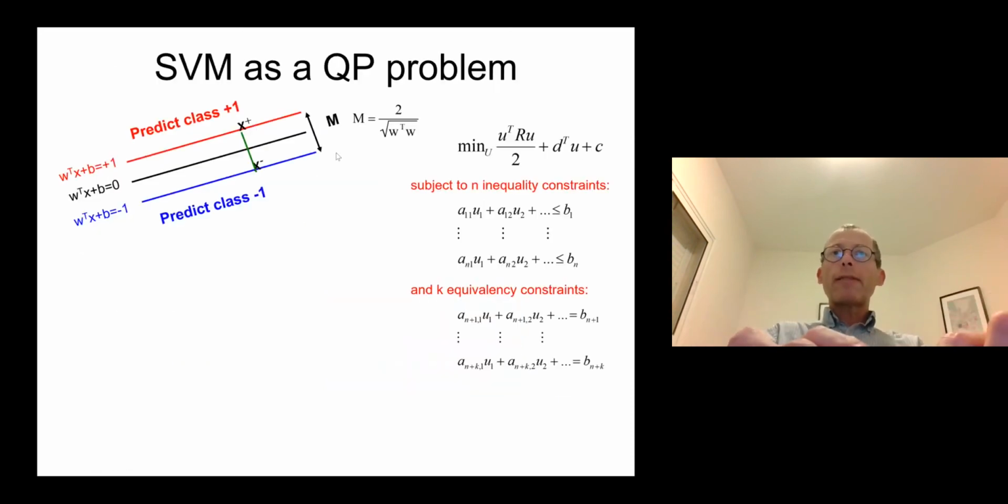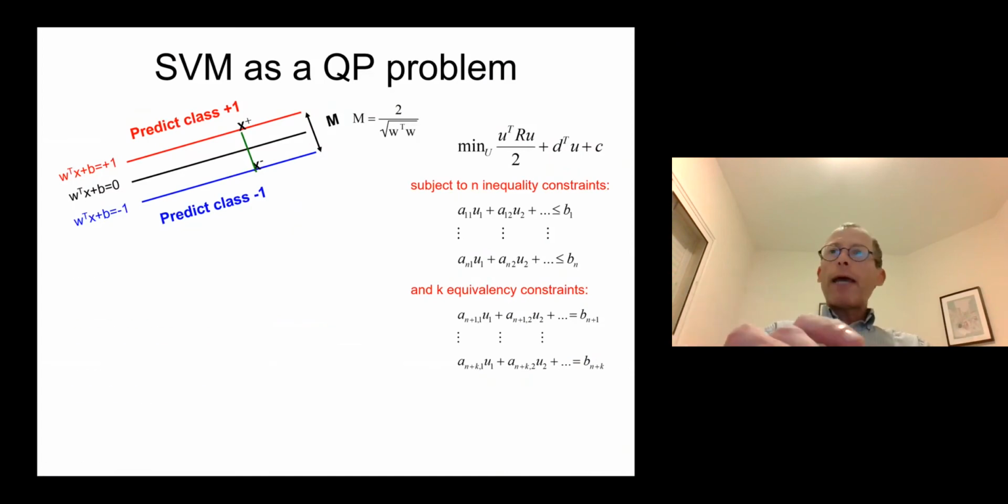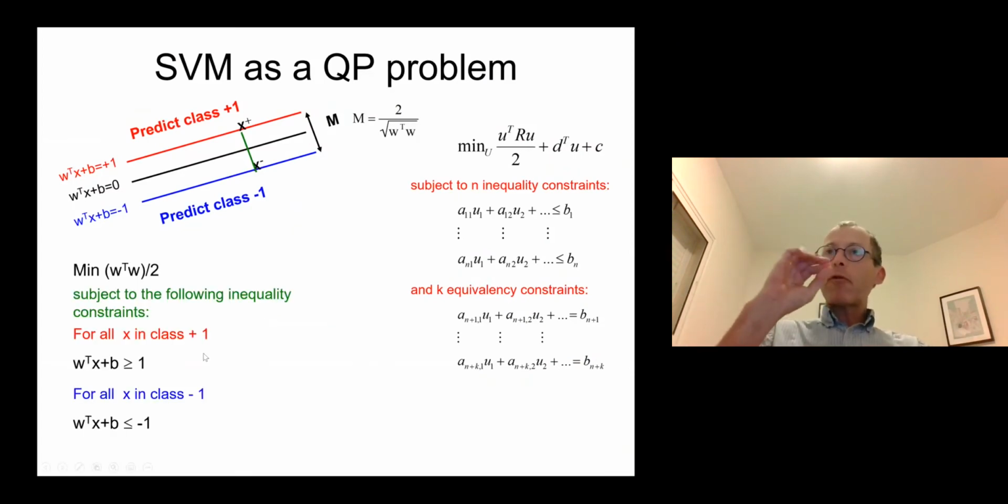So here is the way we define it. Again, on the right, we have the general quadratic programming optimization, and on the left, we have the quadratic programming for support vector machine.